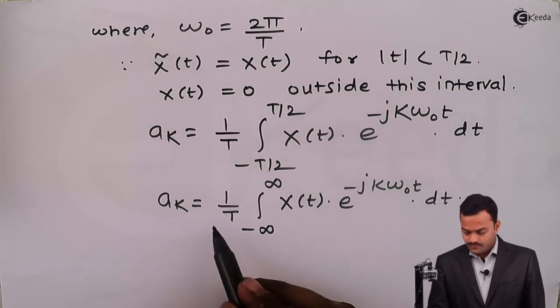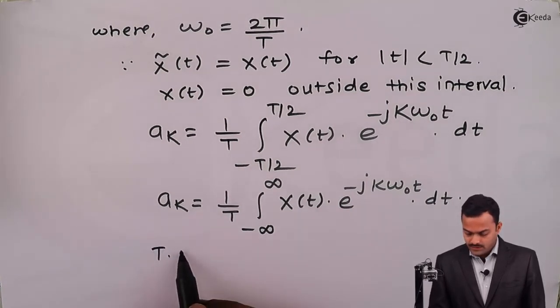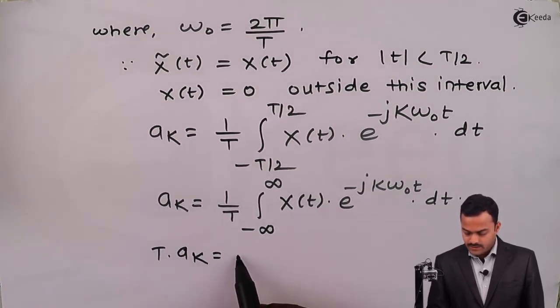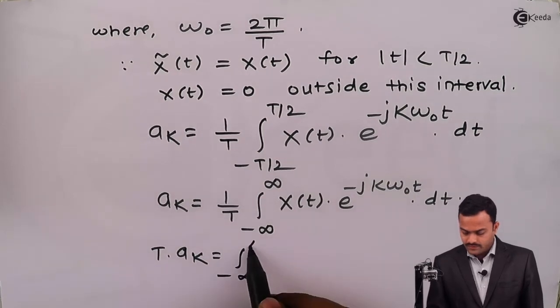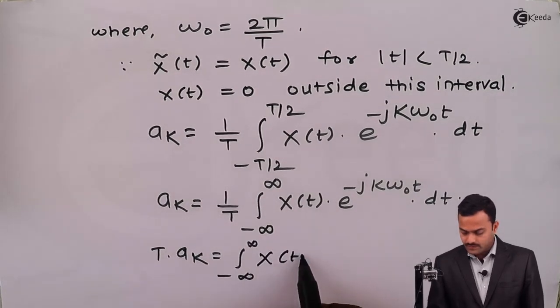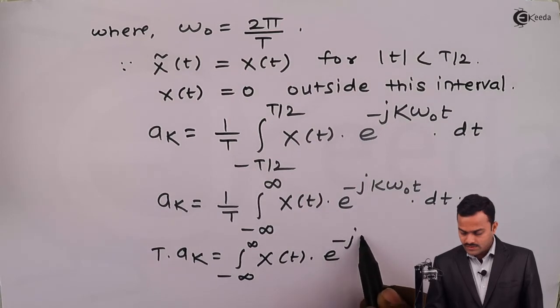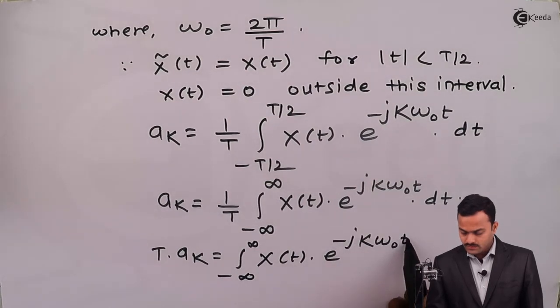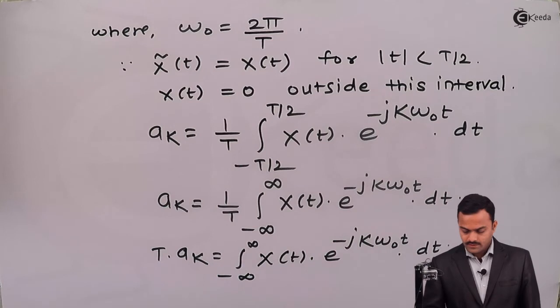What can we say now? T into ak gives the integral from minus infinity to infinity of x of t e raised to minus j k omega 0 t dt.